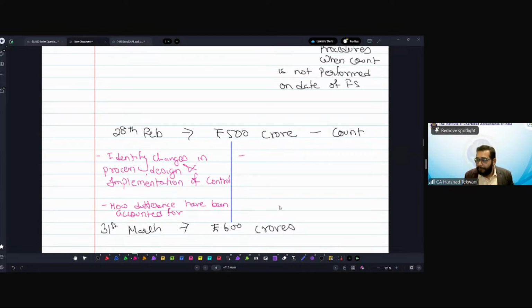then perform audit procedures for the change in the inventory. Basically, we call it roll forward procedures or roll back procedures. Let's say, for example, I'm standing on 20th Feb. What I will do is add purchase less sales.